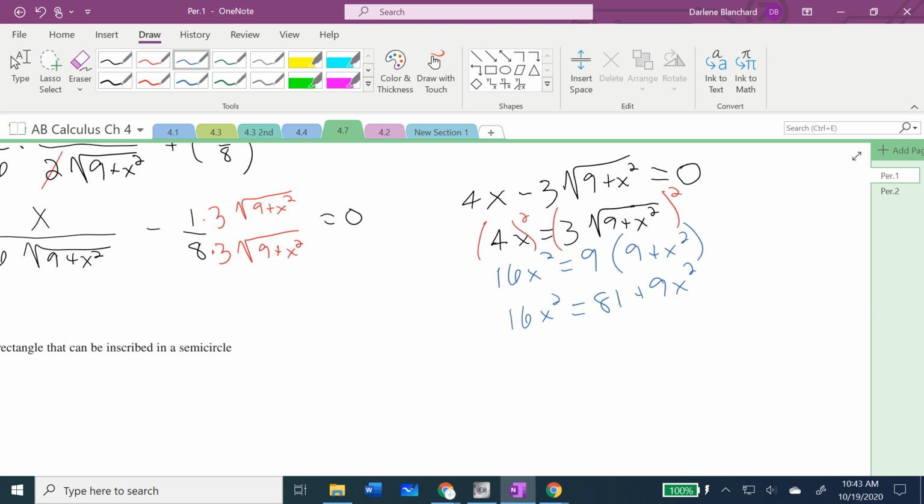Okay, so I have 16 minus 9 gives me 7. That's right, right? Yes. I'm starting to think I may have done my arithmetic wrong in the other class.